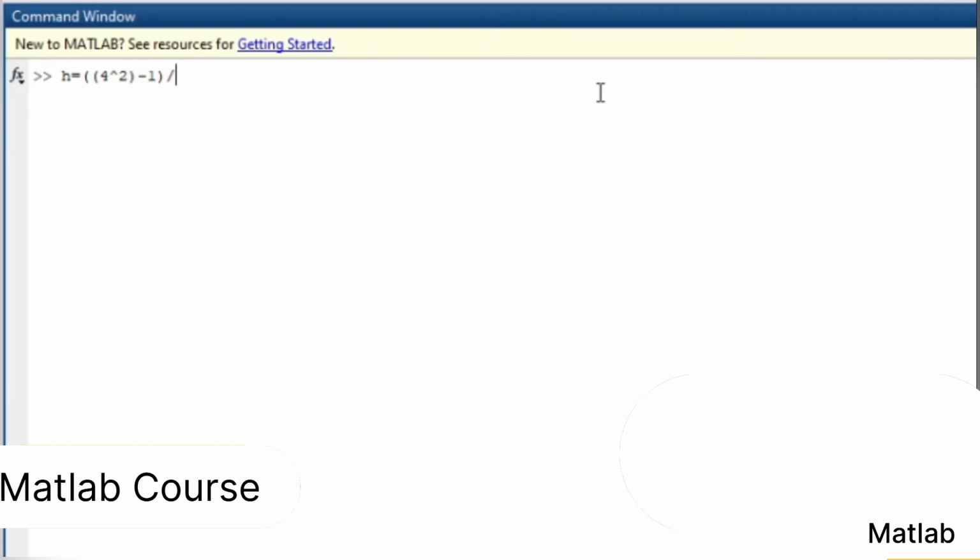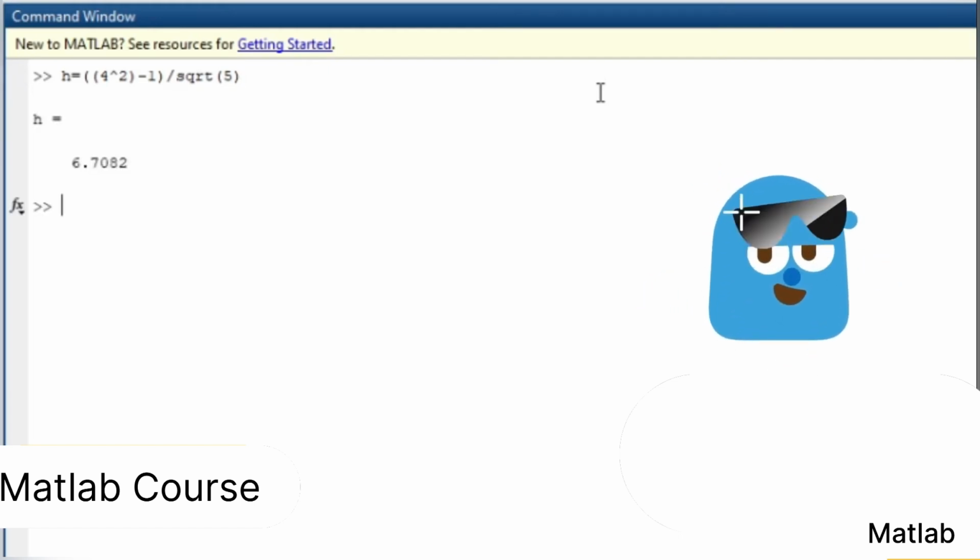Now when you want to implement under root, there is a special syntax for that, and that is sqrt, square root of. Here we want to implement the square root of 5. So square root of 5 and press enter.